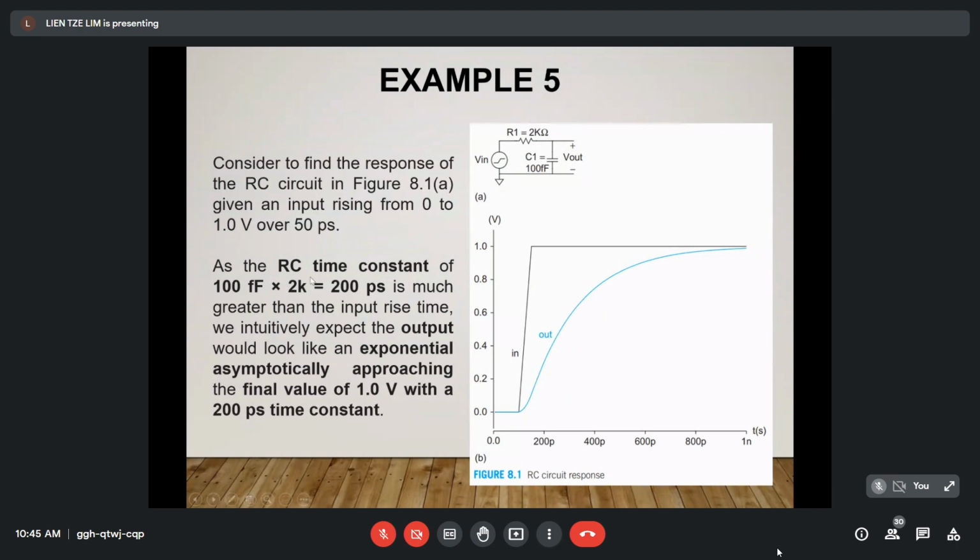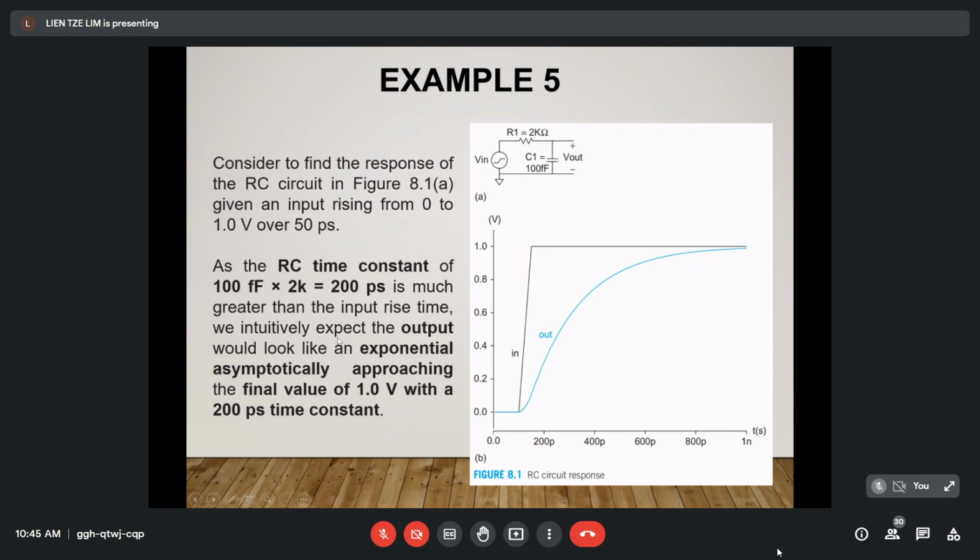As given here, the RC time constant is 100, and this is 100 what? Femtofarad. 100 femtofarad multiplied with 2 kilo ohms is equivalent to 200 picoseconds, which is much greater than the input rise time.